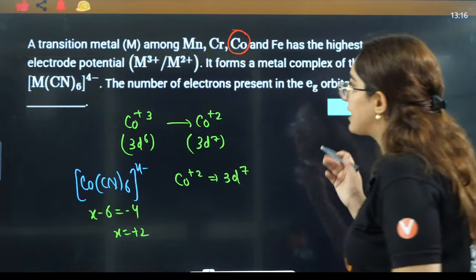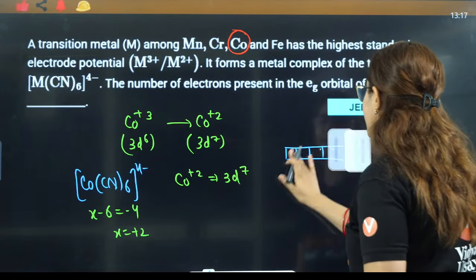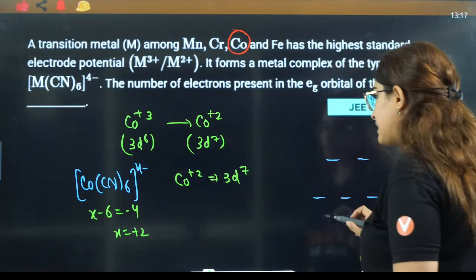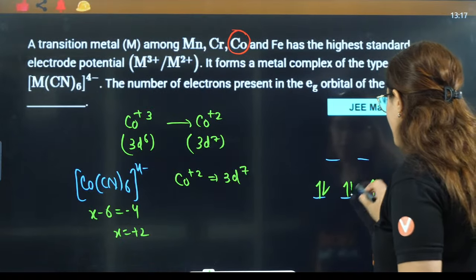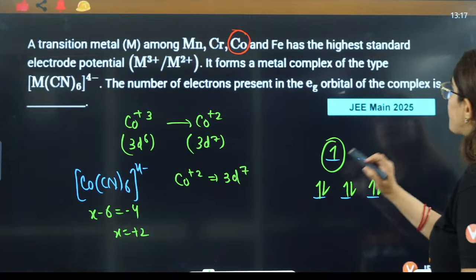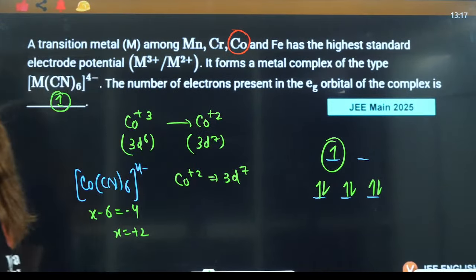Now CN is a strong field ligand, so here it will cause the pairing. So what is the number of electrons in Eg? I can see this is 1, 2, 3, 4, 5, 6 and 7. There is one electron that is present in Eg. That is 1 is the correct answer here.